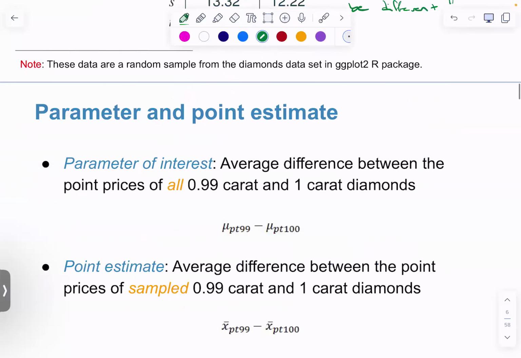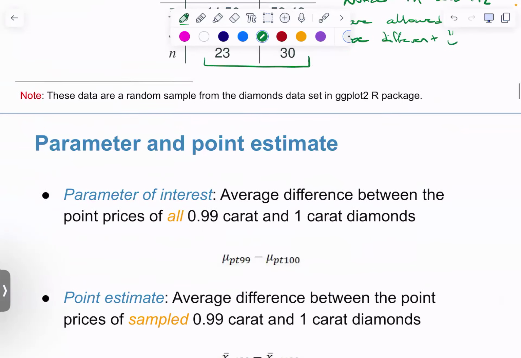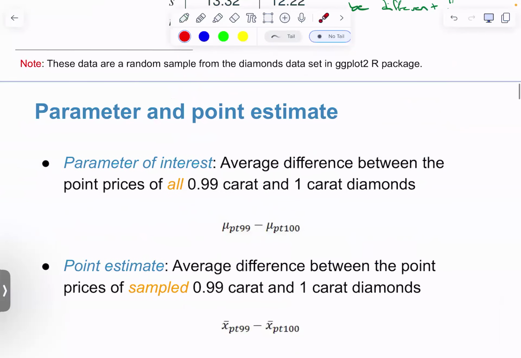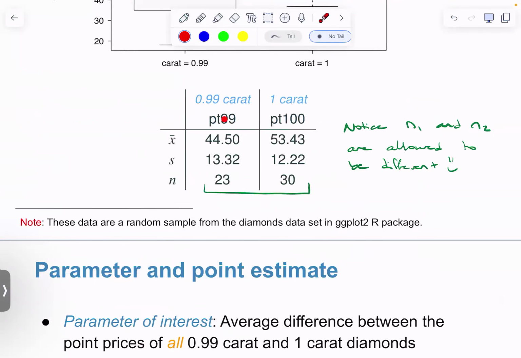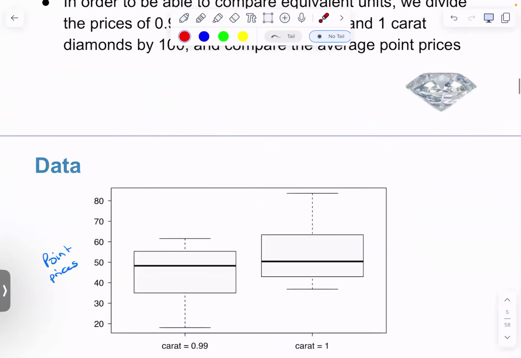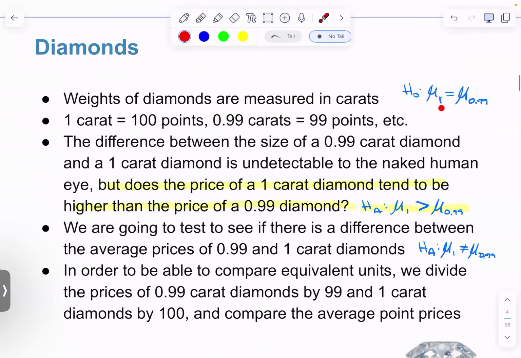Now, of course, our parameter of interest is the average difference between the point prices of all 0.99 carat and 1 carat diamonds. Usually I do it in the order that matches how the data was given, versus up here where I did the 1 carat and then the 0.99. It doesn't matter, as long as you're consistent.